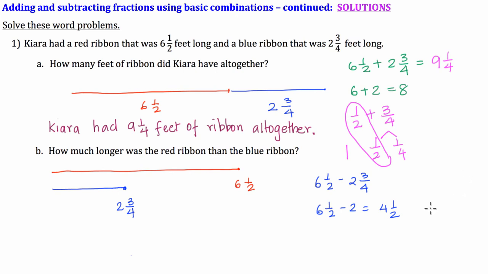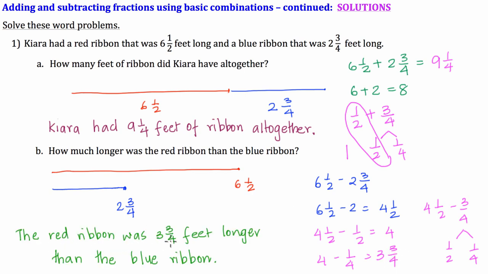And 4.5 minus 3/4, we know 3/4 is made of half and 1/4. So if we do 4.5 minus half, that would be 4, and 4 minus 1/4 would be 3 3/4. So the answer sentence for this would be, the red ribbon was 3 3/4 feet longer than the blue ribbon.